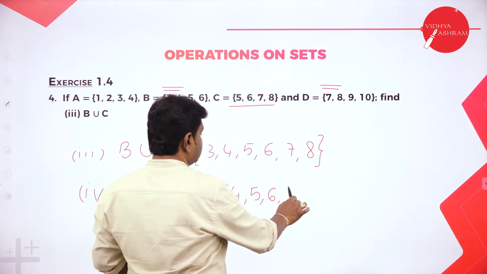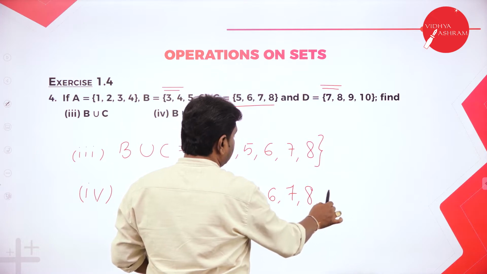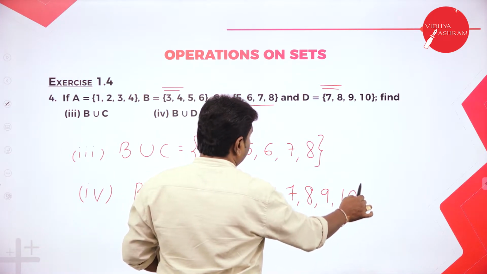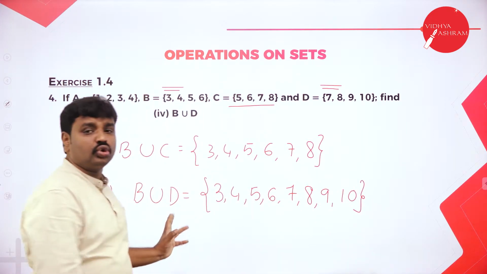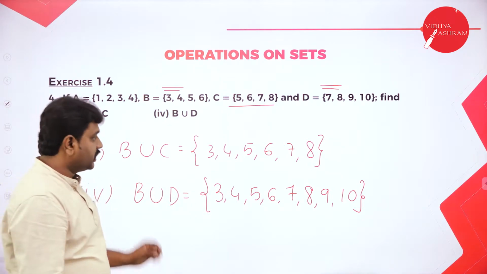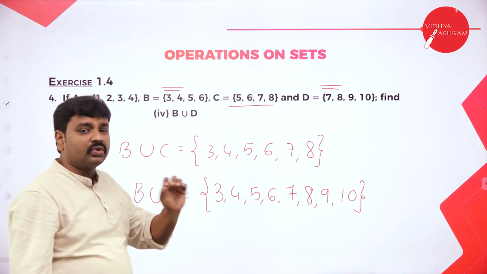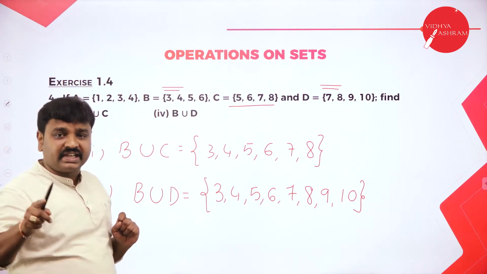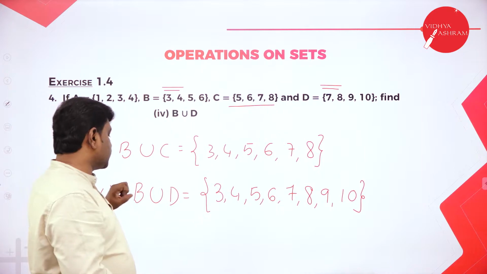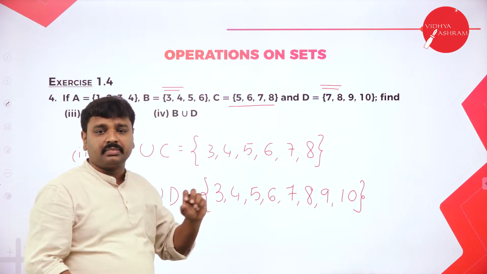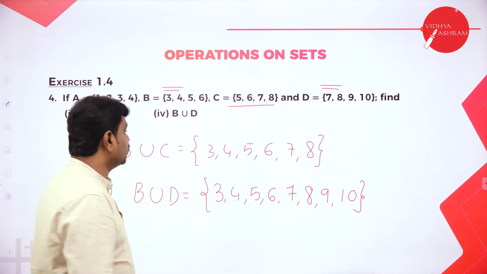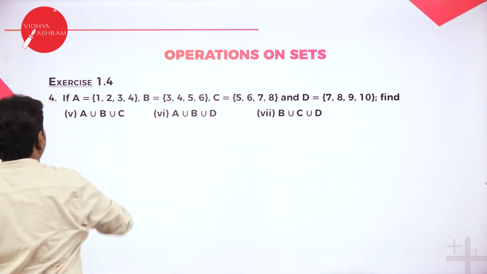So 3, 4, 5, 6, 7, 8, 9, 10. Now I wrote both, so this is B union D. Again, what is union? Combine the elements of both the sets without repeating. Union is a set containing the elements of the first set and the elements of the second set, but you should not repeat the element. In any set, an element should occur only once.